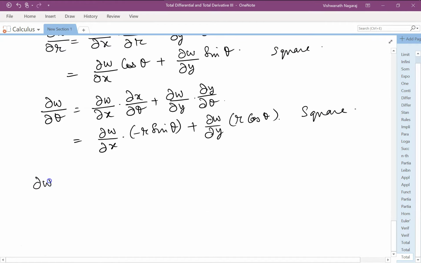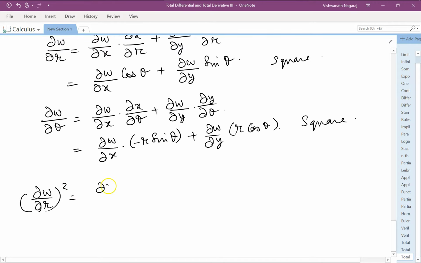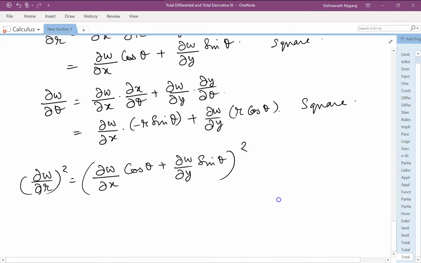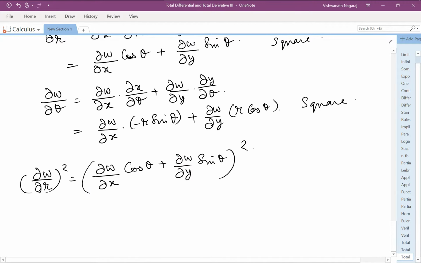So (∂w/∂r)² is equal to (∂w/∂x cos theta plus ∂w/∂y sin theta) the whole square. Remember, you don't square individually the terms. You are squaring the left hand side and right hand side.